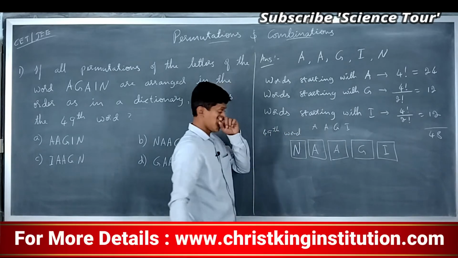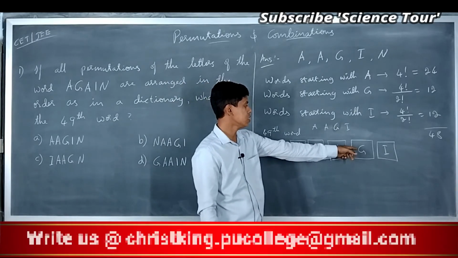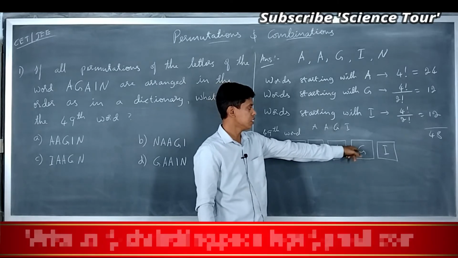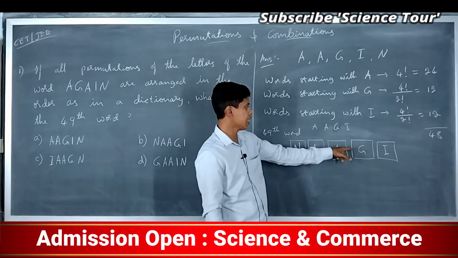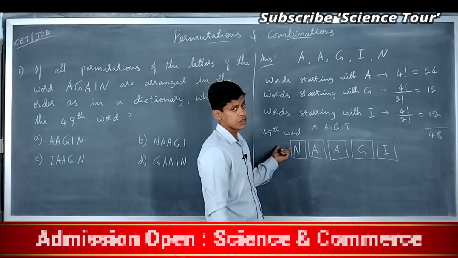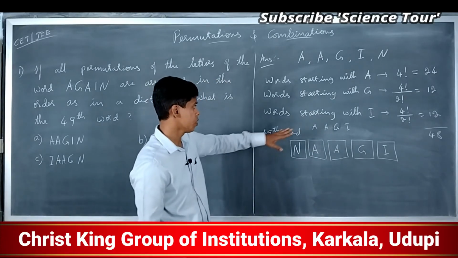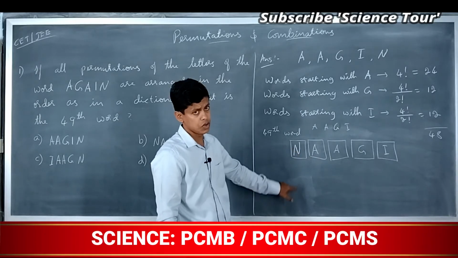What will be the 50th word? The 50th word would be N, A, I, G, A, where I can be here and G can be there. So likewise you have to have different arrangements. After 48, the words beginning with N will follow.